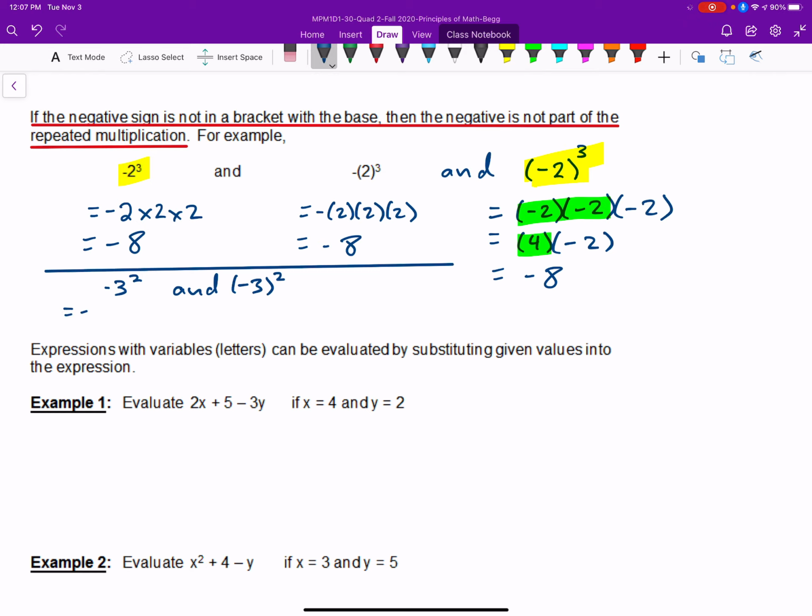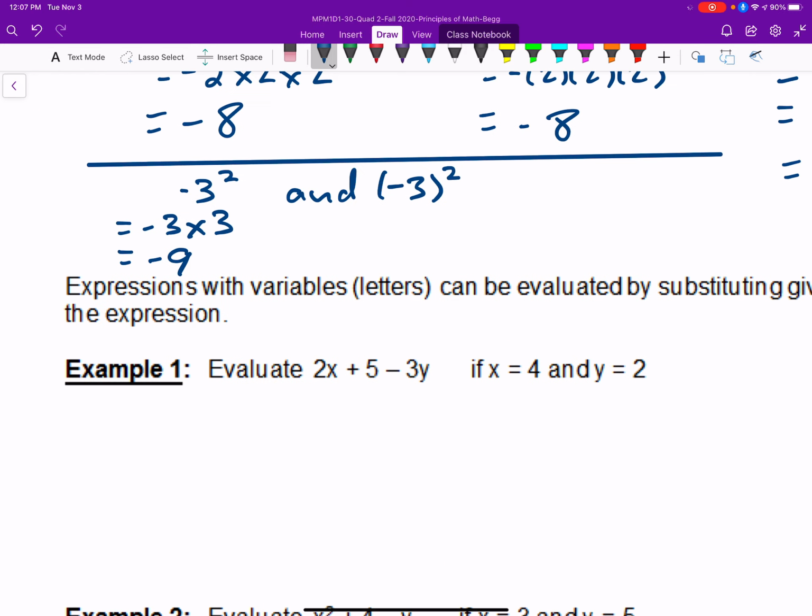Well, the first one again means negative 3 times 3. The negative's not affected, so the negative stays out front. And 3 times 3 is 9. Whereas this one means negative 3 times negative 3. And a negative times a negative, as we saw in the last lesson, equals a positive 9. So the brackets do make a difference in this case.